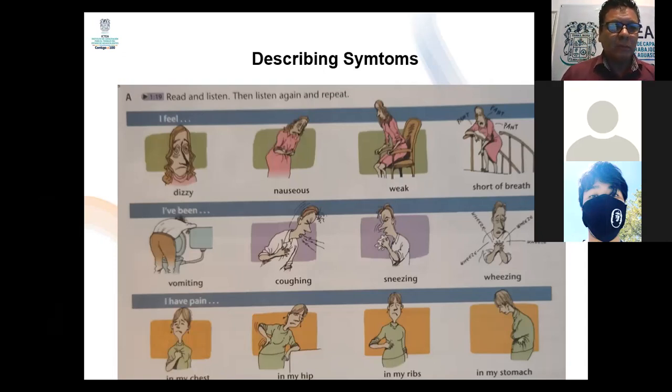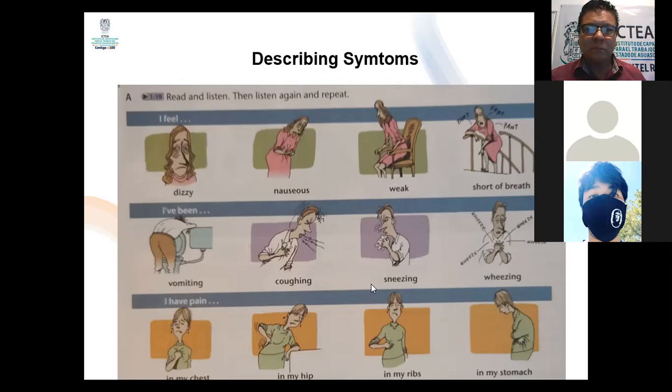I feel dizzy. I feel nauseous. I feel weak. I feel short of breath. I've been vomiting. I've been coughing.